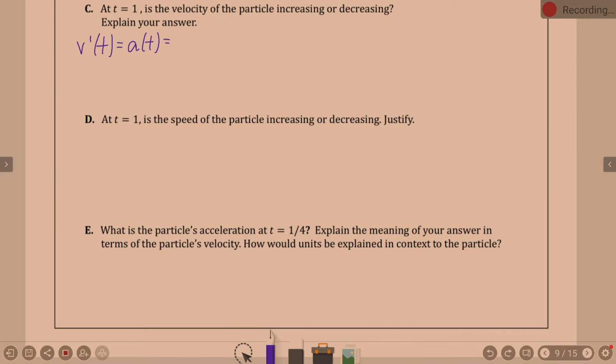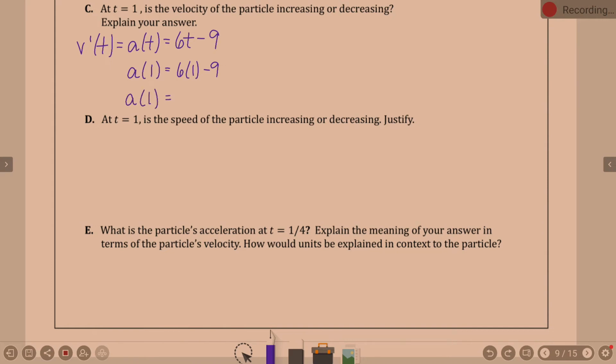Derivative of 3t squared minus 9t minus 12 is going to be 6t minus 9. So that's acceleration. We want to know at time 1. So acceleration at time 1, 6 times 1 minus 9.